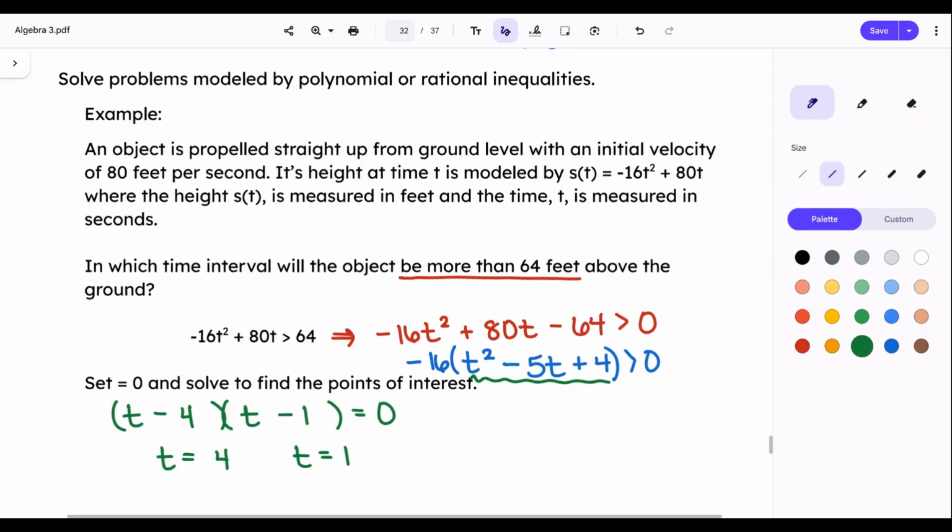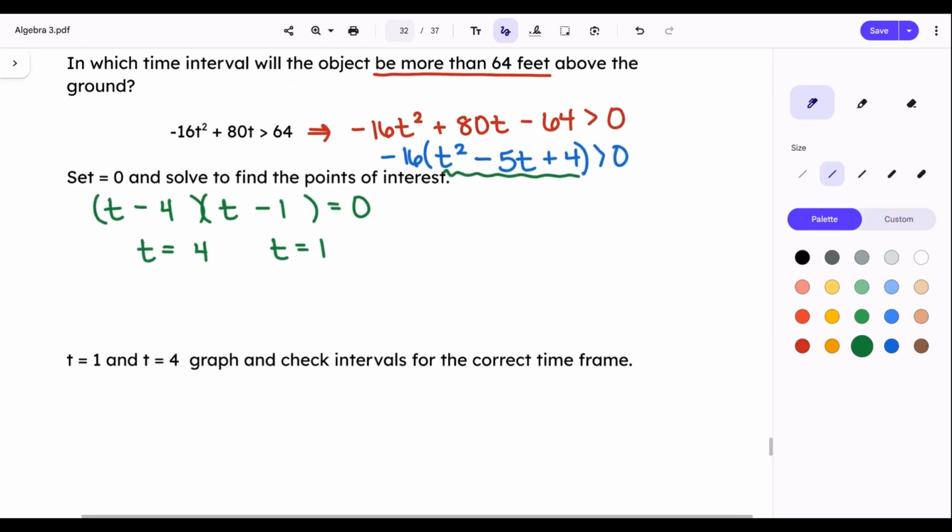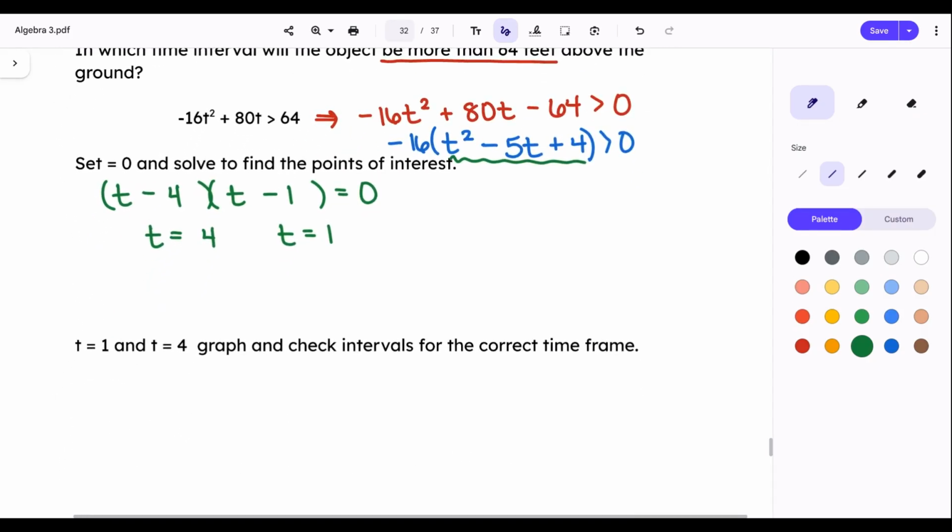Okay, so we would go to our number line here. And I'm going to put 1 and 4 on. Okay, these are like my solution points for right now. I'm not going to worry right now about parentheses or brackets at the moment. What I need to figure out is where's my range of numbers that works for this situation.